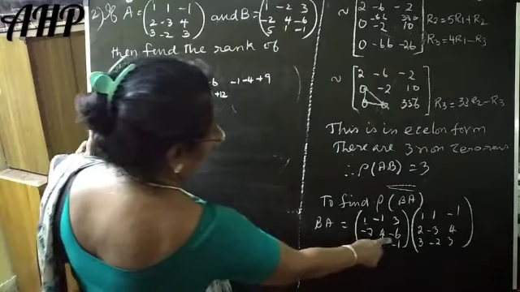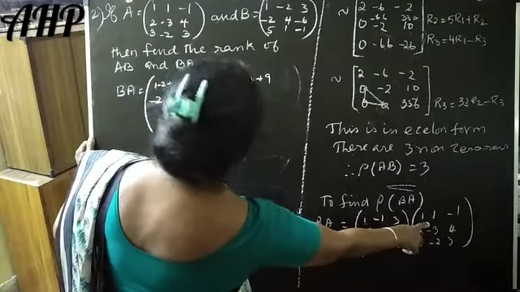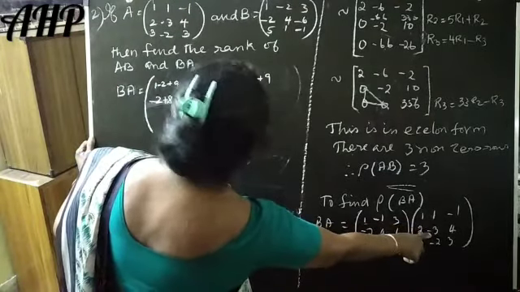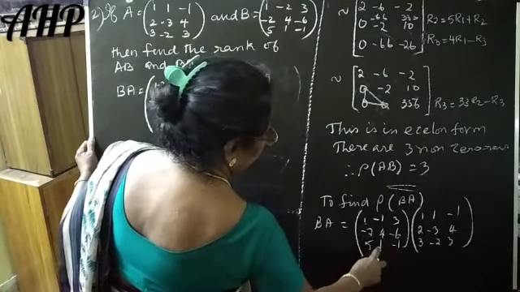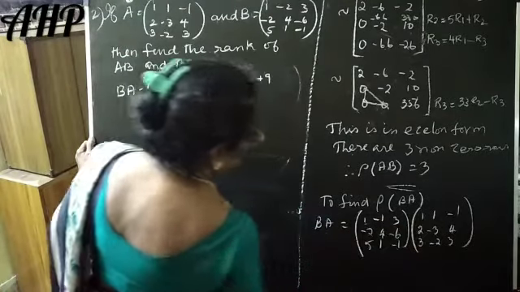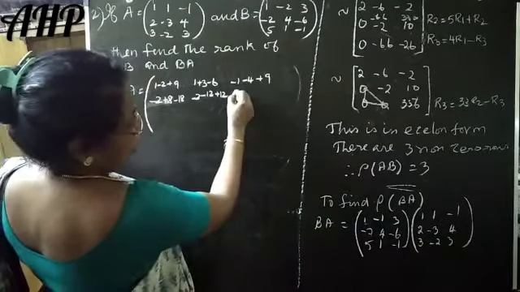So the second row with this, minus 2 minus 12, then plus 12. Then for the second row with the third column, it gives you 2 plus 16 minus 18.